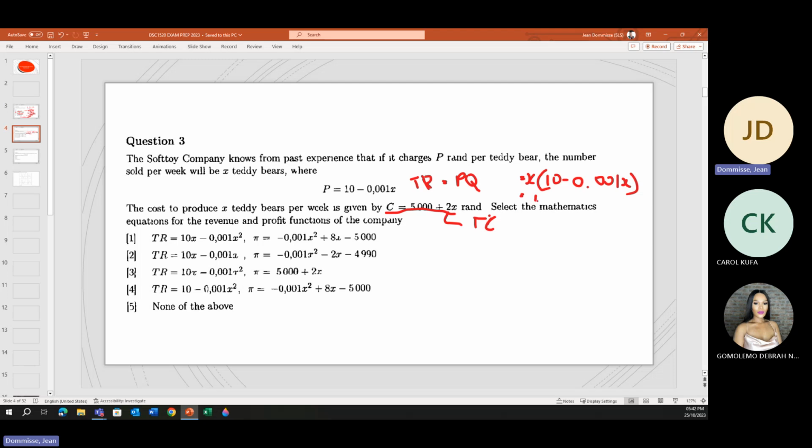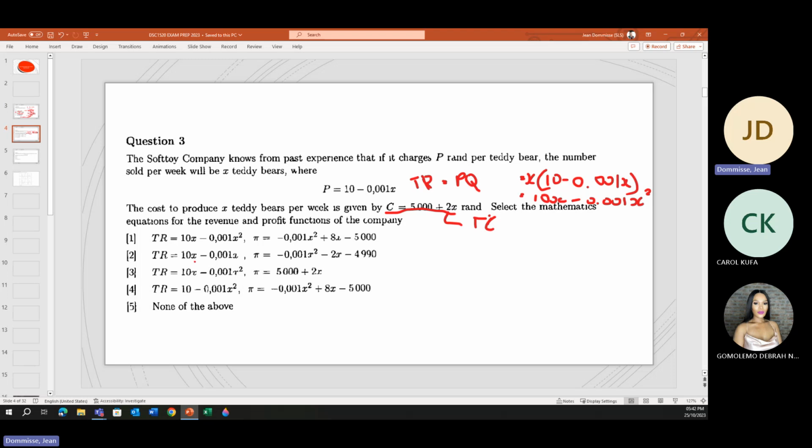So it is 10X minus 0,001 X to a power of 2. Okay, so let's see, total revenue 10X minus 0,001 X squared.